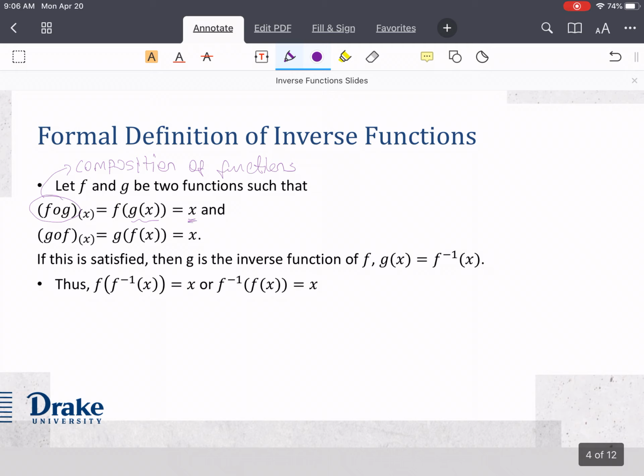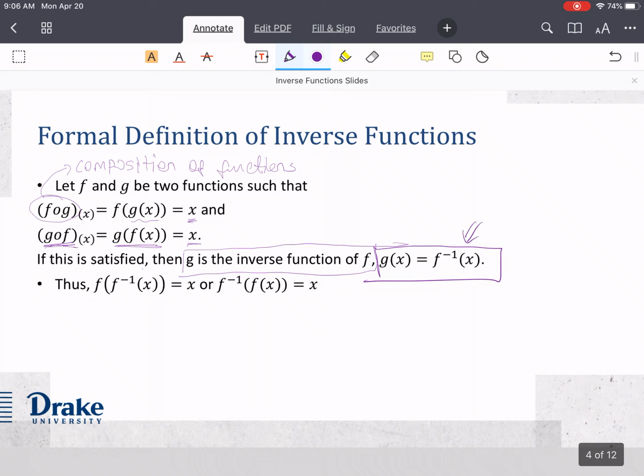Similarly, g composed with f, same thing as g of f of x equals x. If this is satisfied, then g is the inverse function of f. In other words, g is f inverse. g equals f inverse of x.